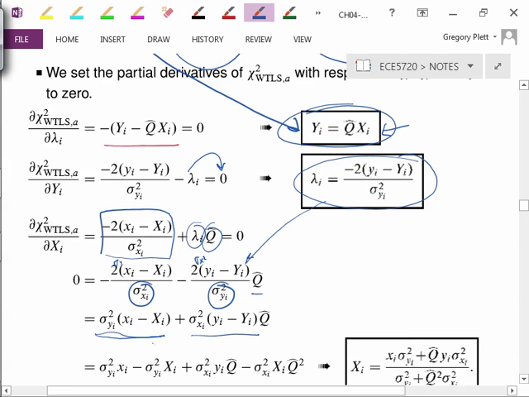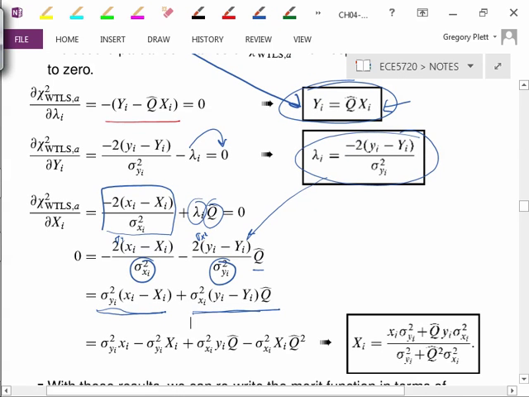So expand the first term and expand the second term. And that allows me to solve here for the xi by combining this and bringing it to the left-hand side and then dividing by the factor.